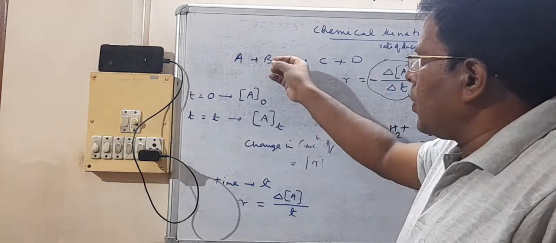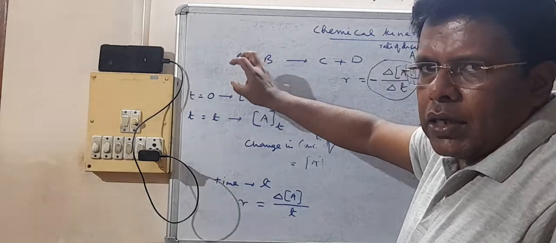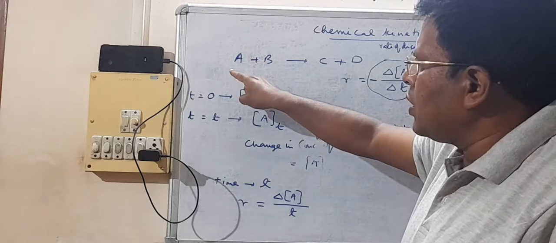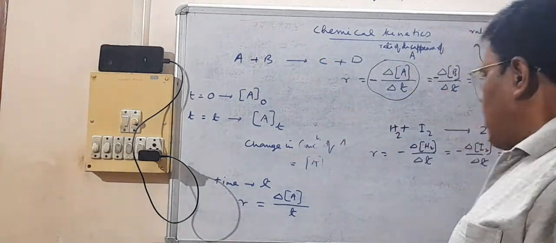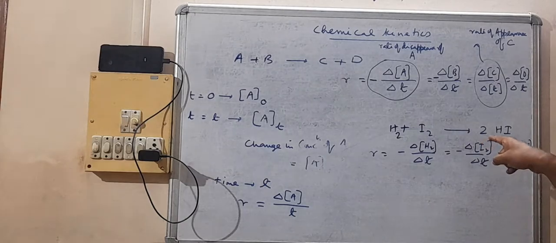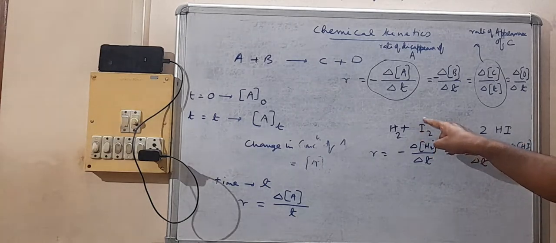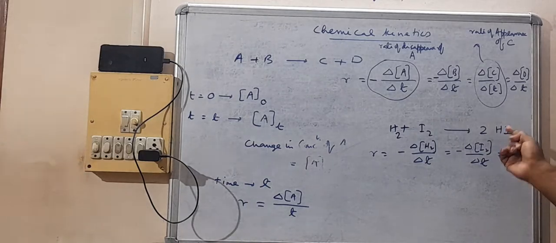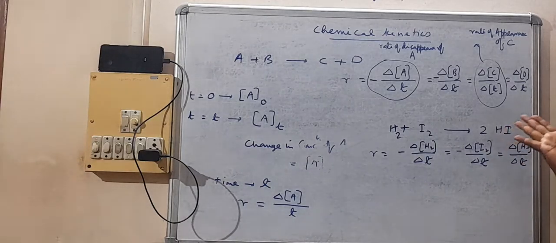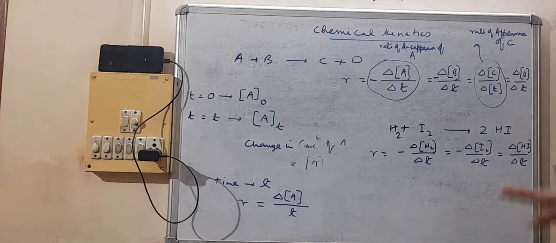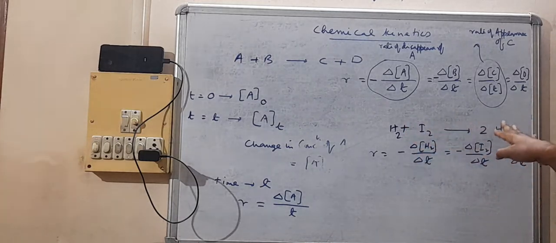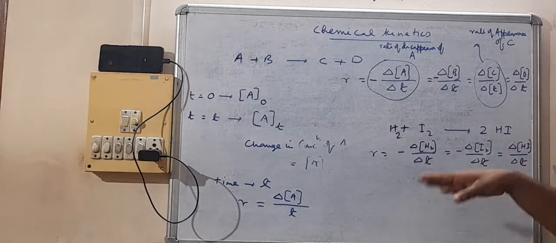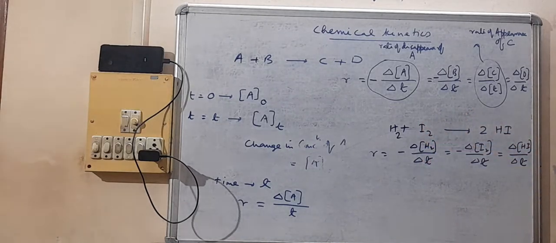So the rate of disappearance of reactants and the rate of appearance of product are the same thing, because when 1 mole of this disappears, 1 mole of this is produced. But here it's not like this, because when 1 mole of iodine disappears, 2 moles of HI are produced. So we can say that the rate of appearance of HI is double the rate of disappearance of H2 and of I2.